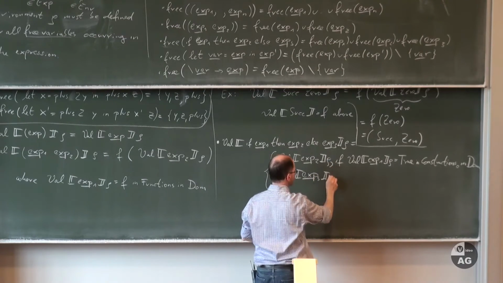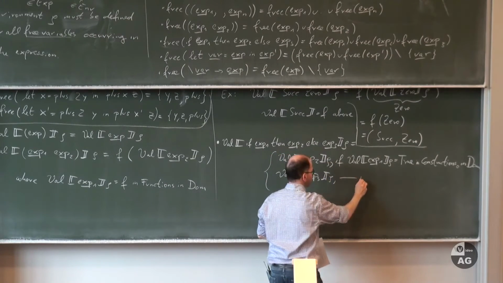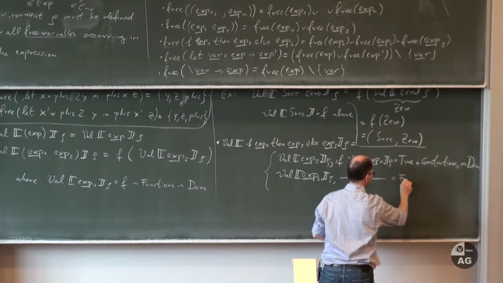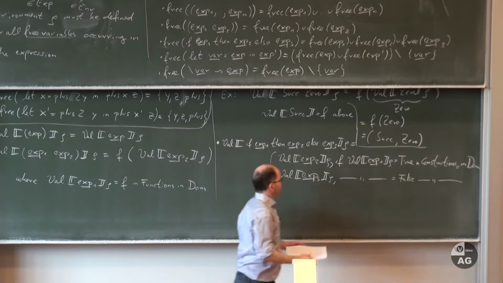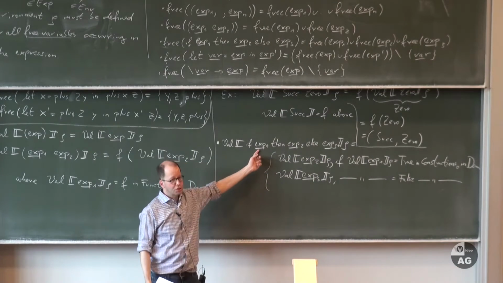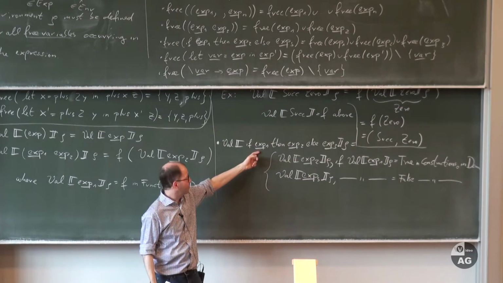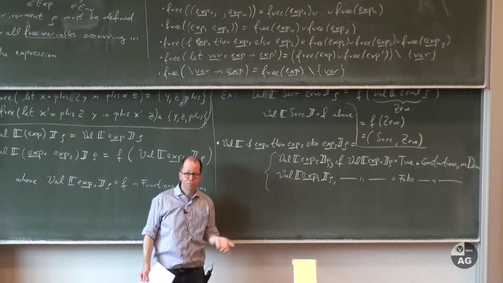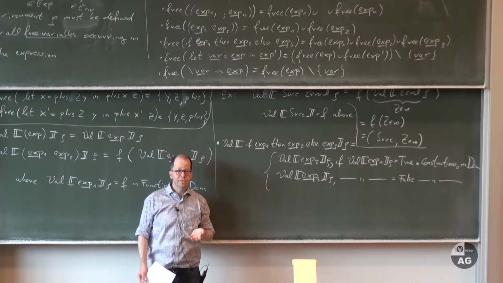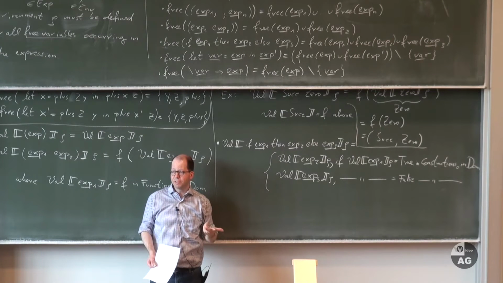So if this has the semantics false, and well, this should be an expression of type bool, so this will be mapped to an element of the domain which corresponds to Boolean expressions. And there are just three possibilities. It could be true, it could be false, or it could be bottom.